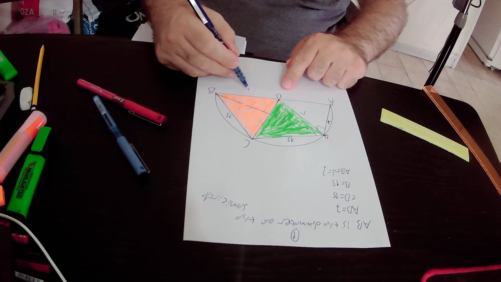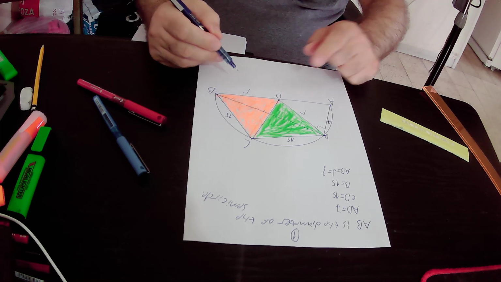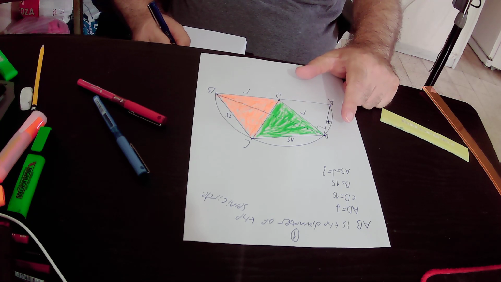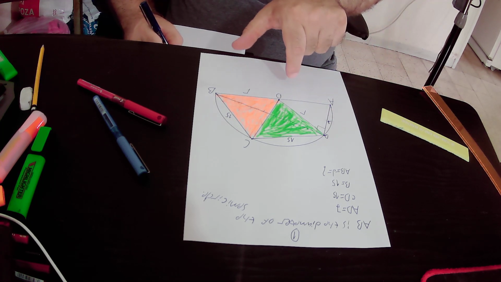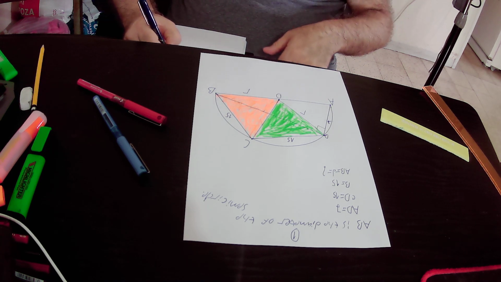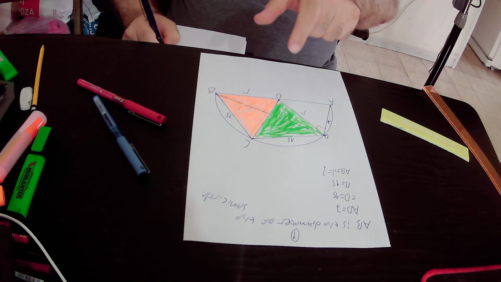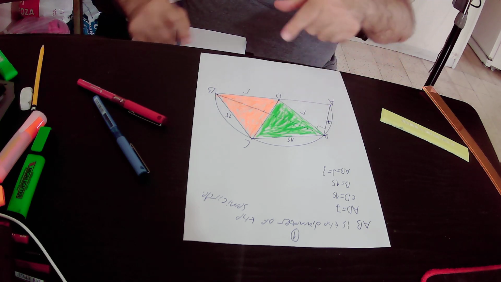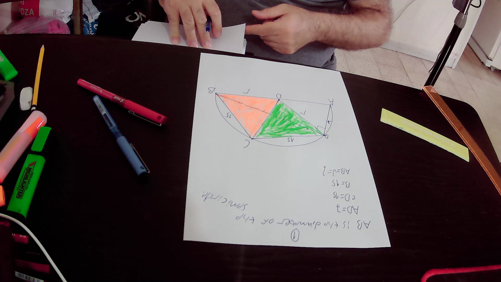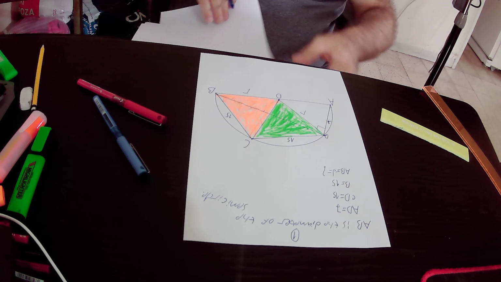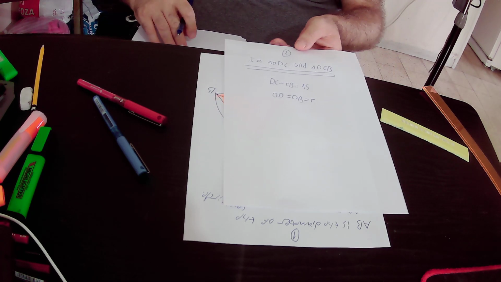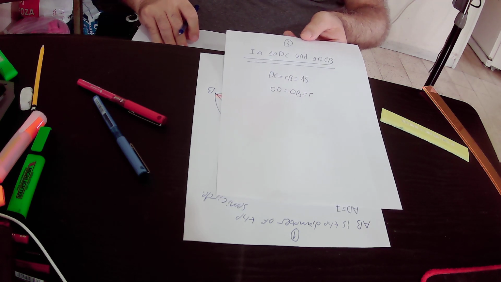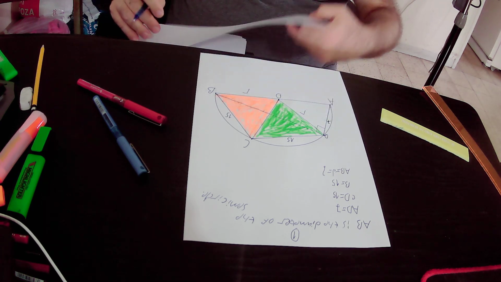So it equals R. So side OD of the green triangle equals side OB of the orange triangle. Both are equal to the radius, so OD equals OB equals R.